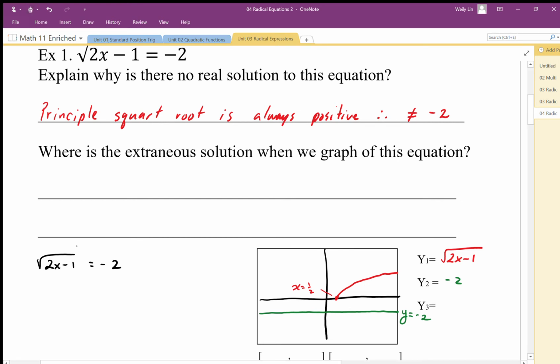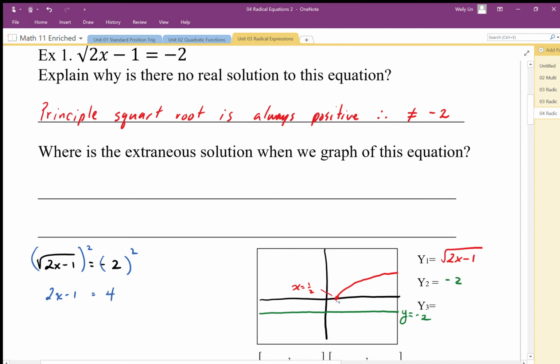Our algebraic solution requires us to undo the square root with a square, so I need to square both sides. Because the square and the square root are not perfect opposites, when we do that, we introduce the fact that this could have been the negative square root squared, and it would still equal +4.